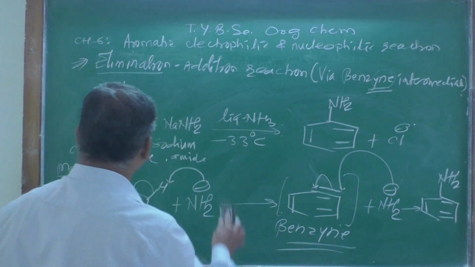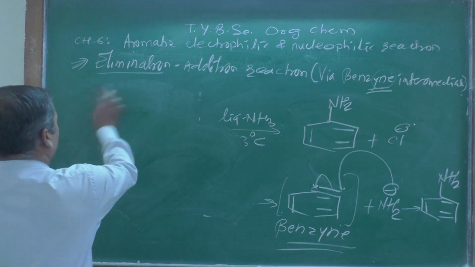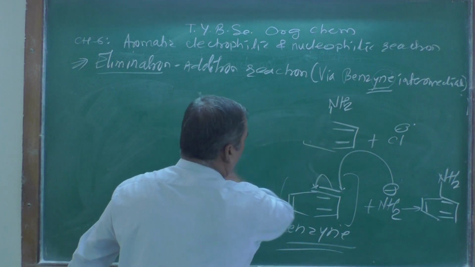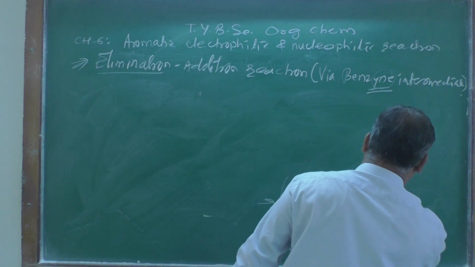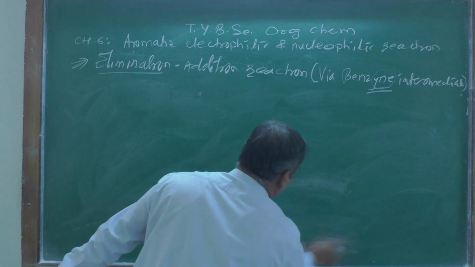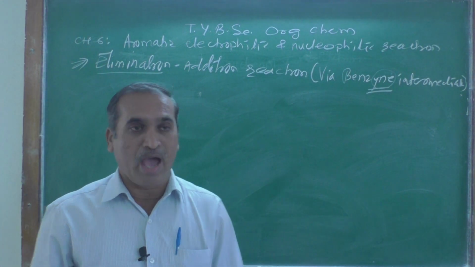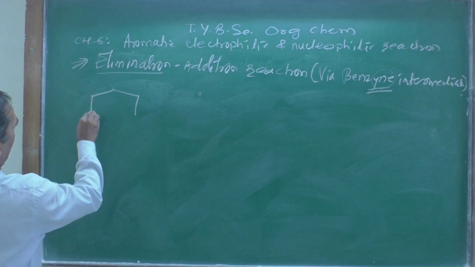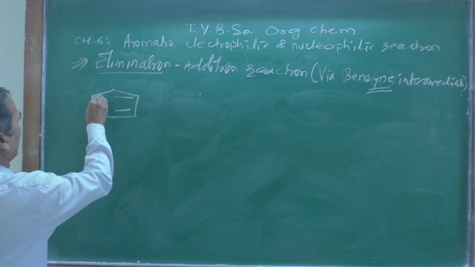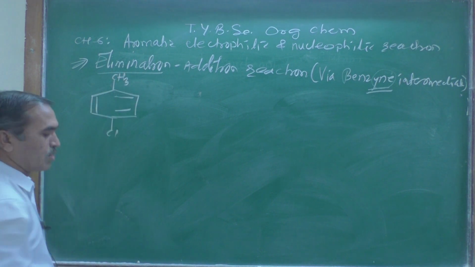Here I am taking one more example, and from that you can easily understand what it means. Let us see the starting material. I am going to take this one, the name of that starting compound you might be knowing. Here I am taking CH3, and here is a chlorine.